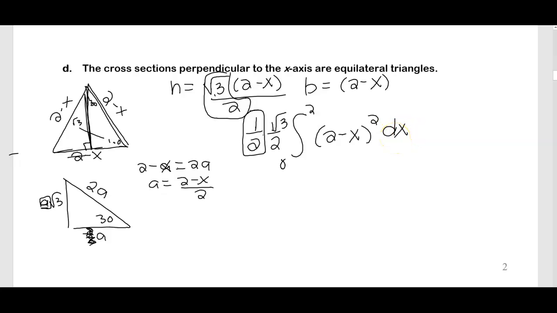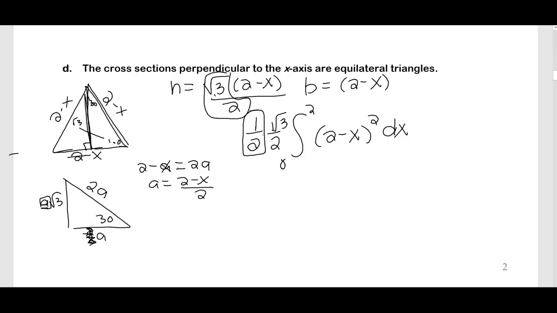So if we were to write this as a regular integral, the integral from 0 to 2 of 1/2 times root 3 times 2 minus x over 2 times 2 minus x. How can we pull out those constants when they're not in all of them?